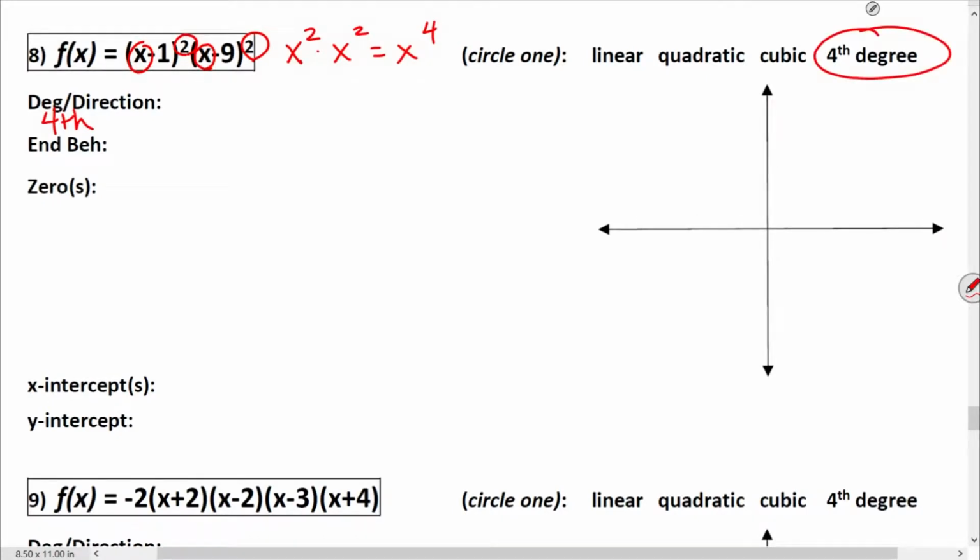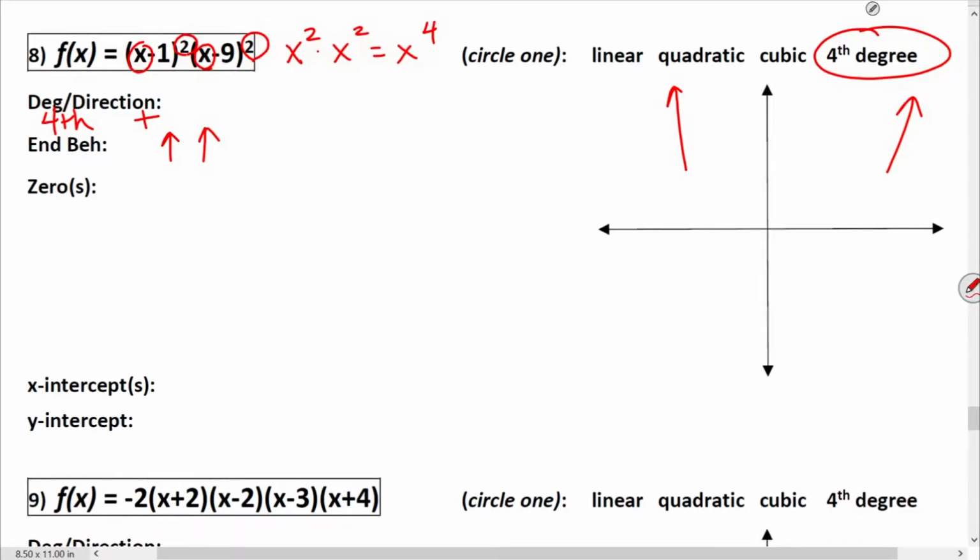And the direction, there's no sign here, so it's going to be positive. So it's an even degree, and it's positive, and so its end behavior will be up, up. It's even, so both ends are the same and positive.